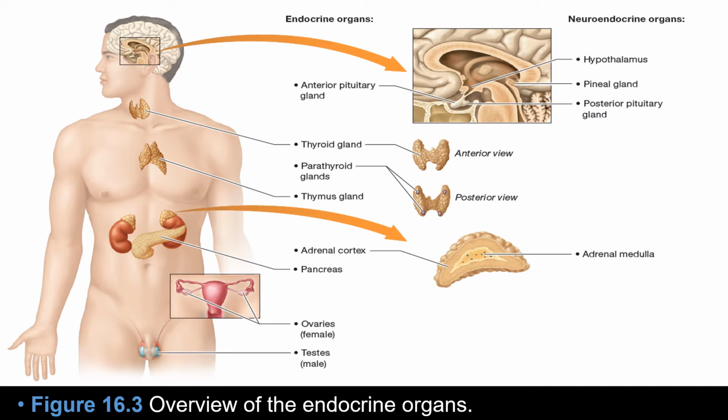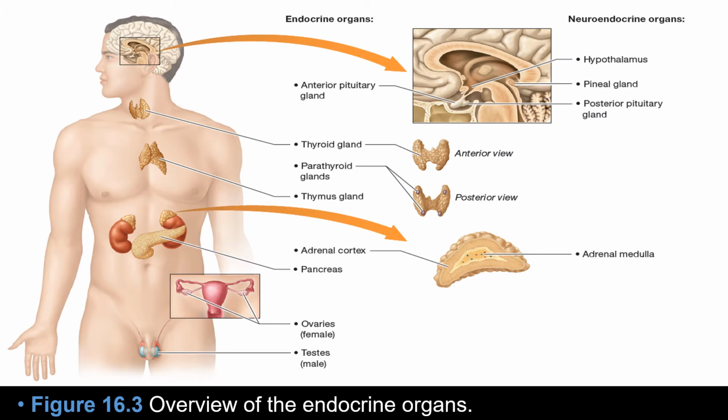So here you have an overview, essentially, of the entirety of the endocrine system, leading all the way from the hypothalamus, the pineal gland, the posterior pituitary gland in the brain, as well as the anterior pituitary gland. Down into the throat, you have the thyroid and the parathyroid glands. In the chest, you have the thymus gland, generally covering the heart.